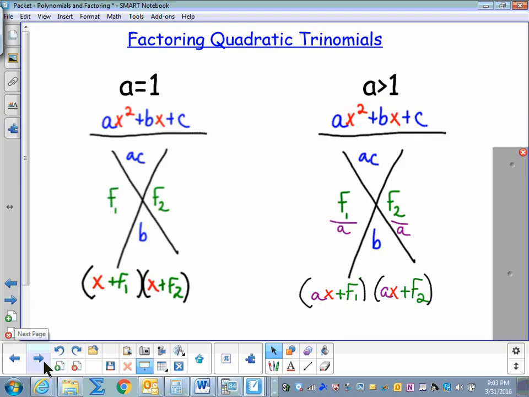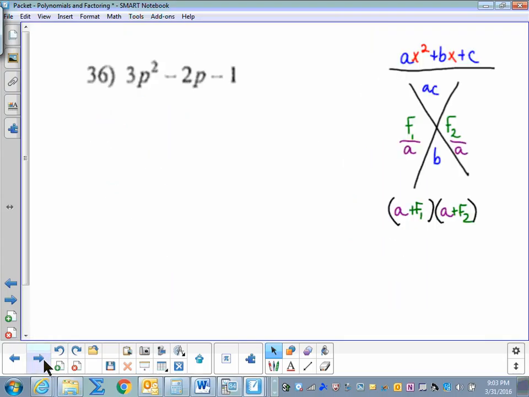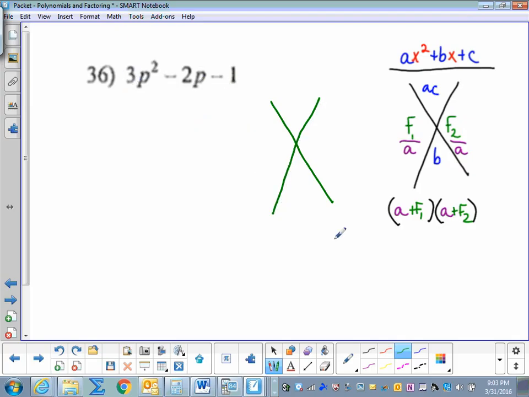So let's look at what that means. Here we have number 36, 3p squared minus 2p minus 1. So I'm going to draw an x. I'm going to take a times c, which is negative 3, and I'm going to put b here, which is negative 2.